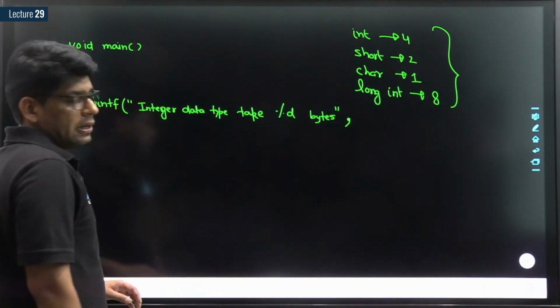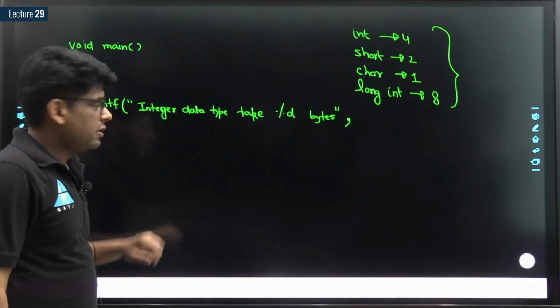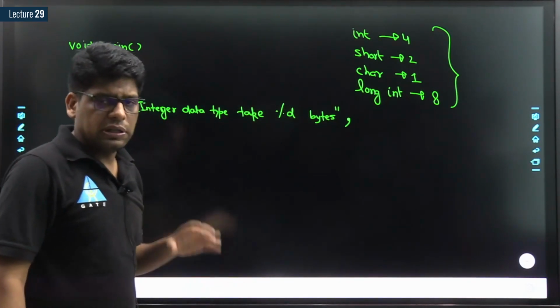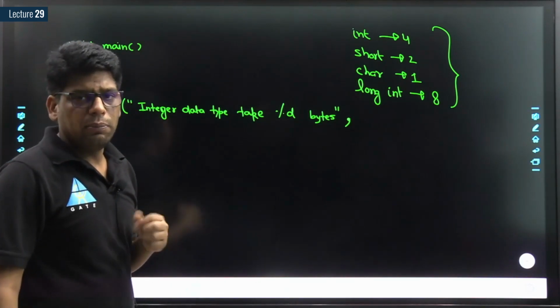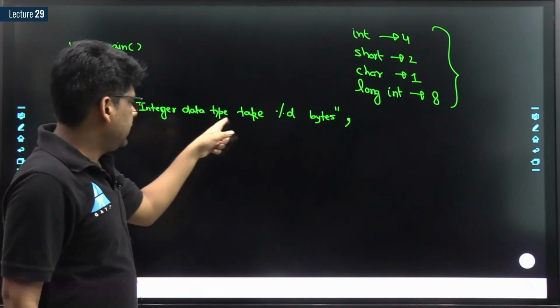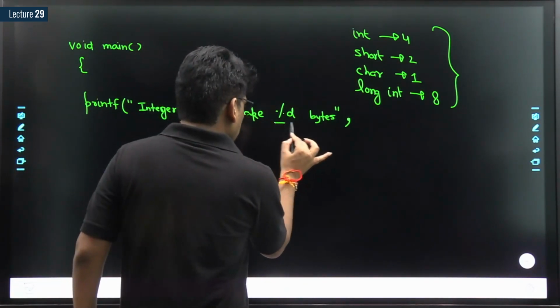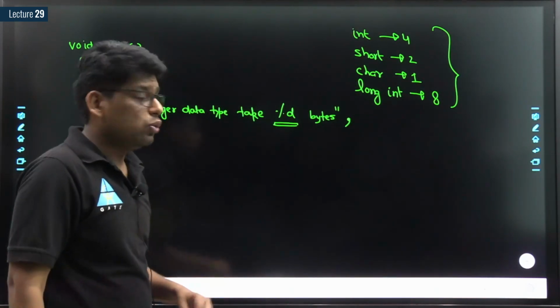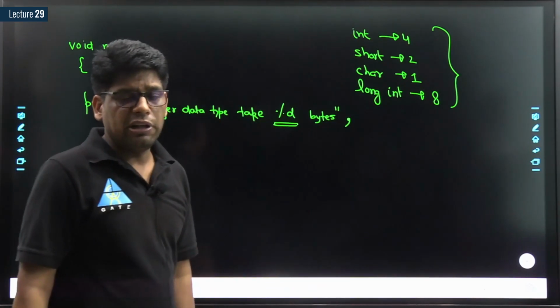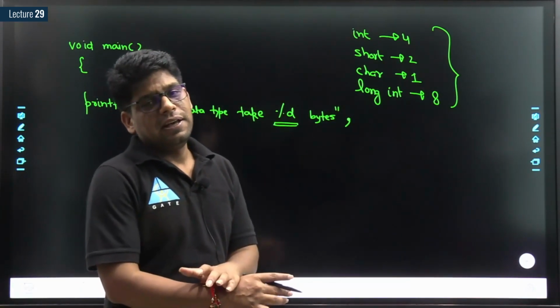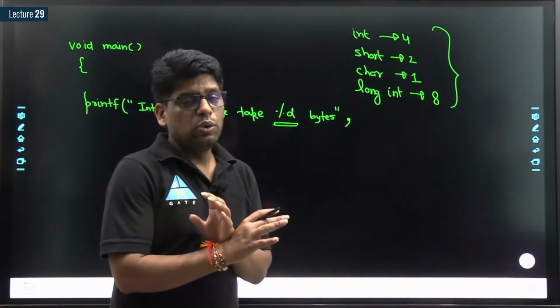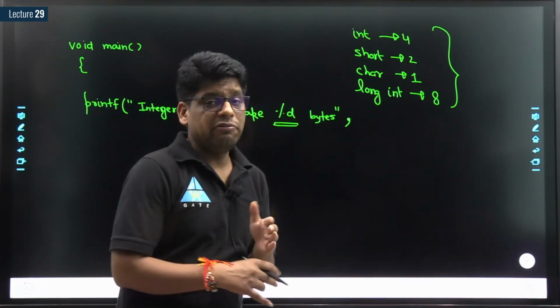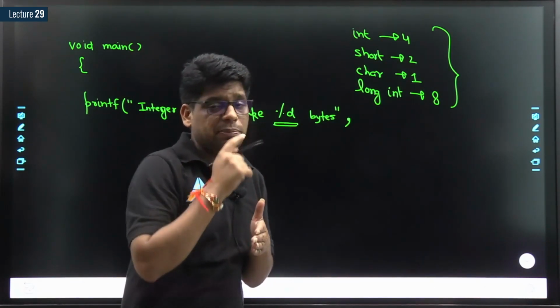Sir, just look at this printf. Whatever we write in double quotes, it will be printed as it is on the monitor. Integer data type takes... Sir, what did we want to print? We wanted to print an integer value. I already told you that the sizeof operator will be discussed again in the last chapter.